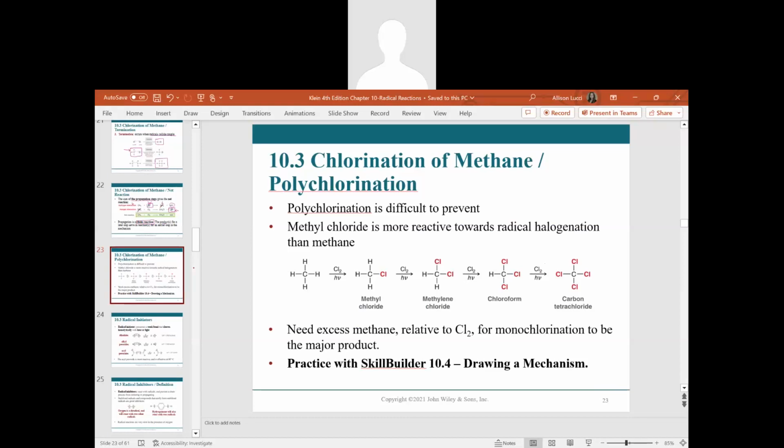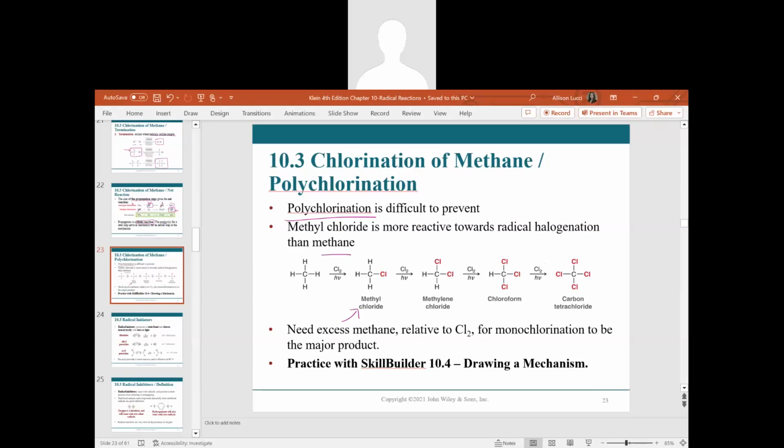So polychlorination, right? You might have been asking yourself, are we just going to add one chloro group to our methyl substituent? Well, if we did that, we would have one equivalent, right? One chlorine added per methane. But methyl chloride is more reactive towards radical halogenation than methane is.